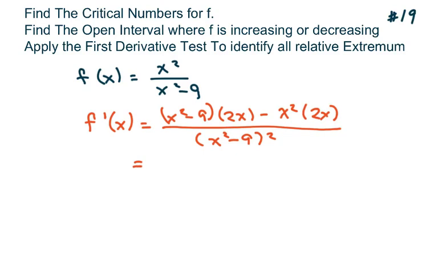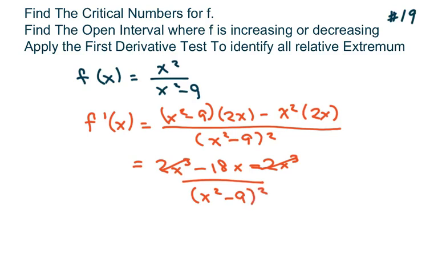And cleaning this up, we're going to get 2x cubed minus 18x minus 2x cubed over my denominator. What happens is these two cancel, so we're going to get negative 18x over x squared minus 9 squared.